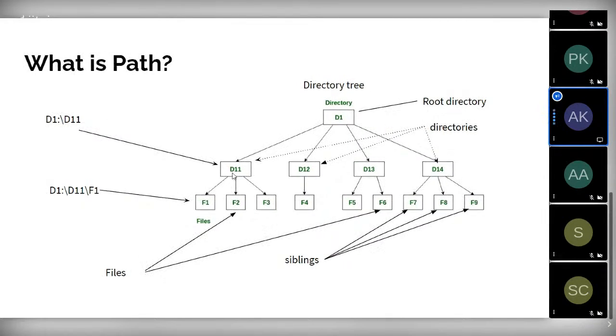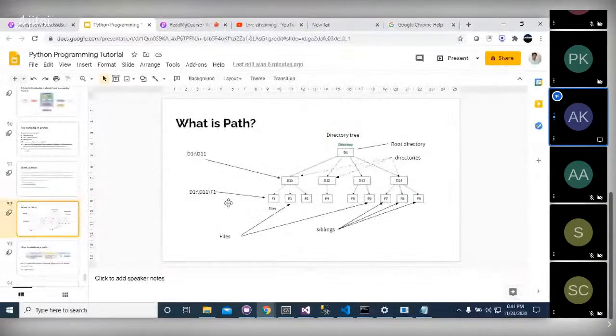So D1 is parent of D11, D12, D13 and D14, and similarly F1, F2, F3 are children of D1. If I ask you what is the parent directory of D13, what will you answer? D1. D1. Yeah.